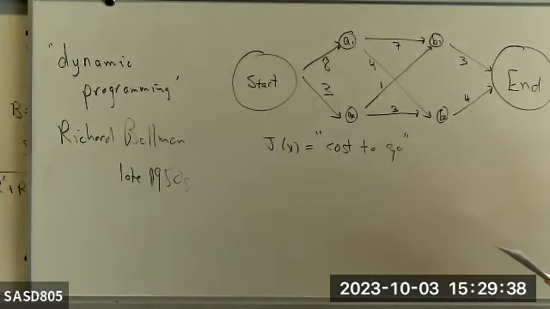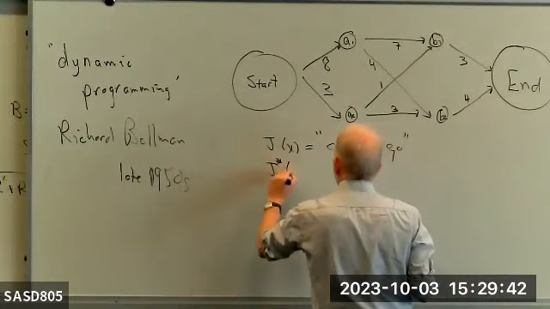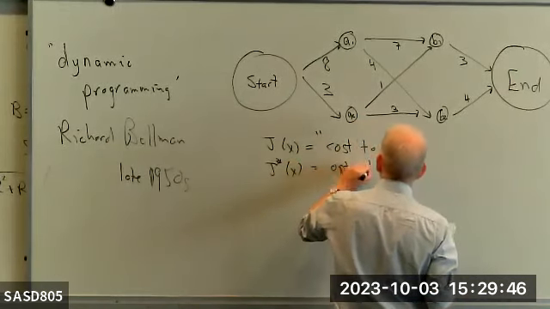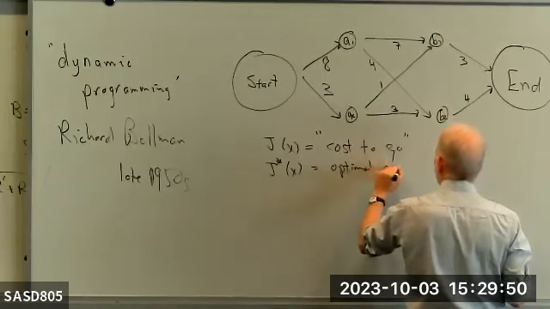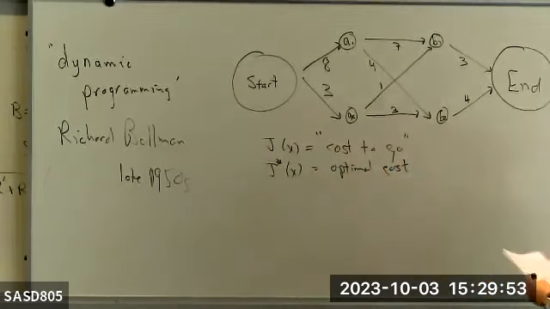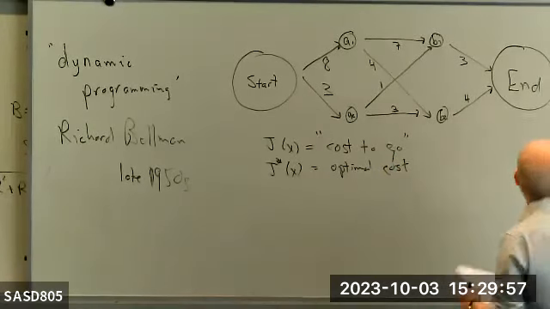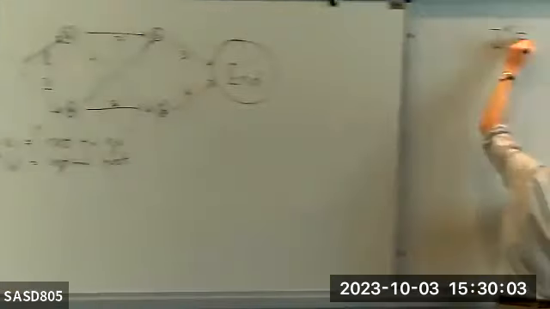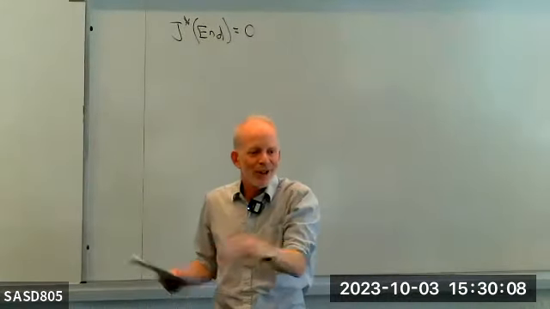And J star will be, starting from x, the optimal or best cost, let's say. Okay, so we can do this in a kind of systematic way. So let's say if we're at the end, then J star of the end is 0 because you're already there, so there's no cost. You don't have to go anywhere.